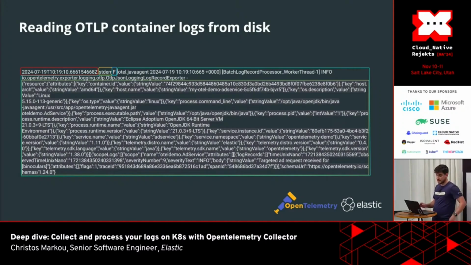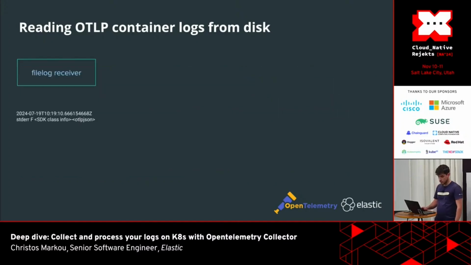So we can understand that if we have a way to get rid of the additional information and deserialize this OTLP JSON, we have back the valid OTLP record that the SDK produces, and we can further process it or deal with it as we want. So we can do it. We can use the file log receiver again to properly unwrap the container runtime format.